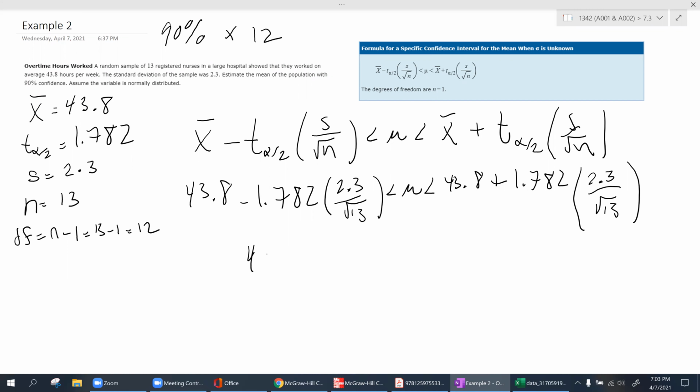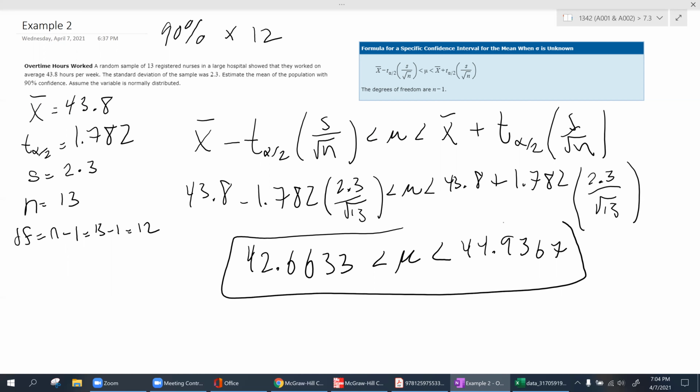To 4 decimal places again, I get 42.6633 less than mu less than, switching that into a positive, 44.9367. So therefore, this here would be my solution.